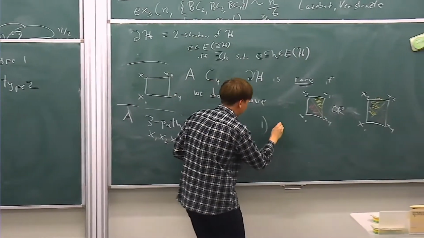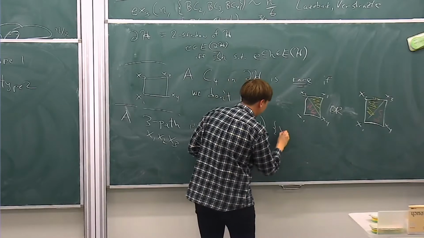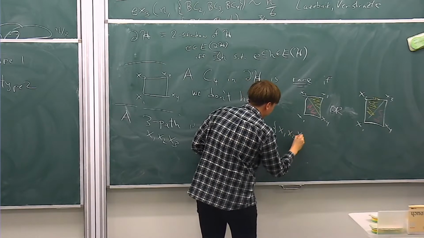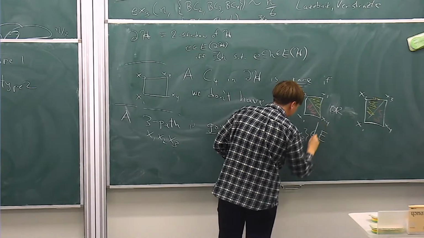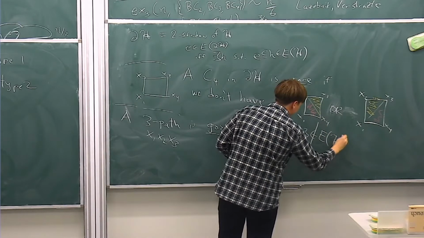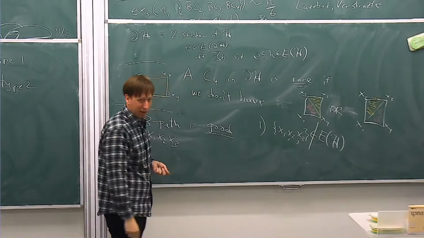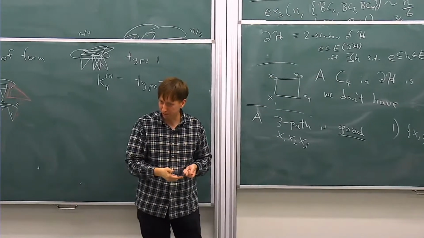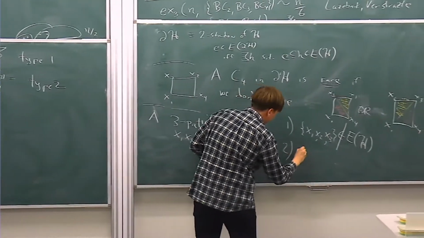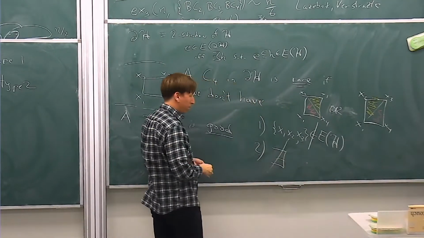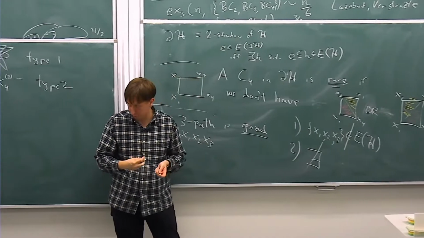One, I don't want it to be a hyperedge itself, so x1, x2, x3 is not a hyperedge, so I don't get this path in some cheap way by just having the hyperedge. And two, there does not exist some 4th vertex which completes it to a rare cycle.